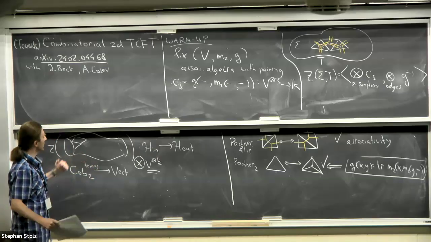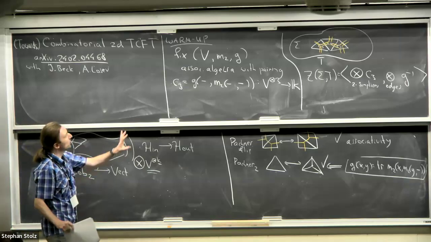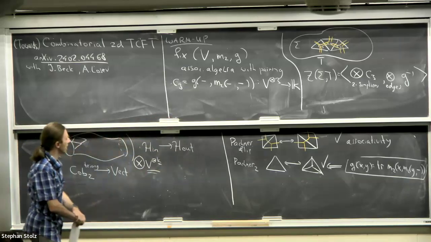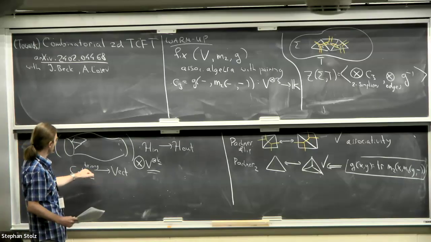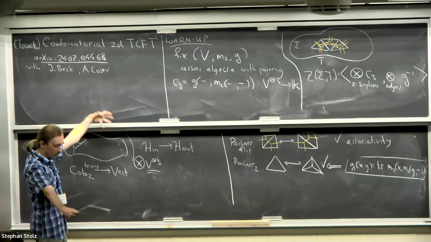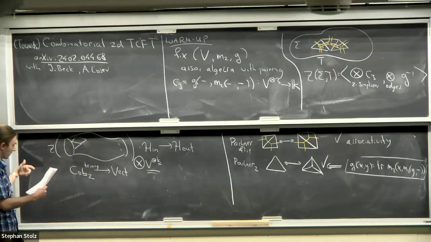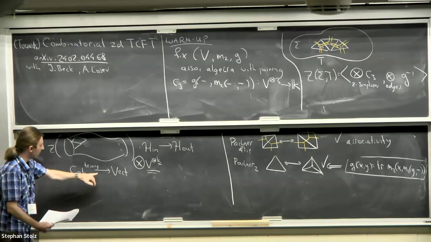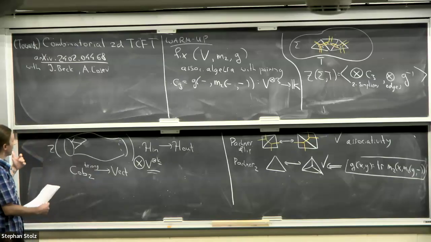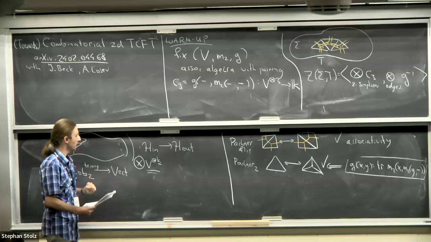I want to say that things are independent of triangulation, and for a closed surface, yes, they are independent, as I just said. For a surface with boundary, there is an extra wrinkle, because we have different sizes of the spaces of states which depend on the triangulation. But it turns out there is a natural reduction where you assign a smaller space of states to a circle which doesn't depend on a triangulation.